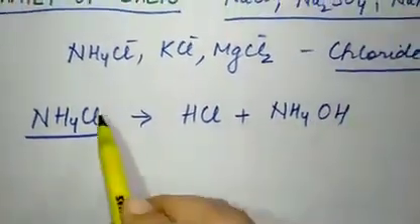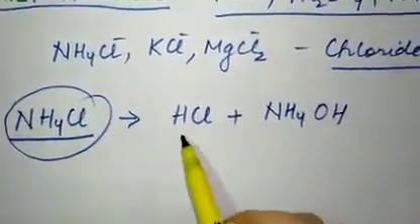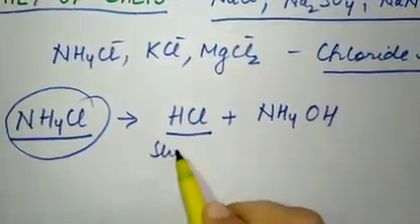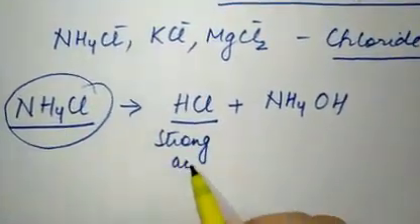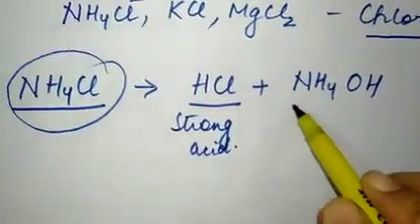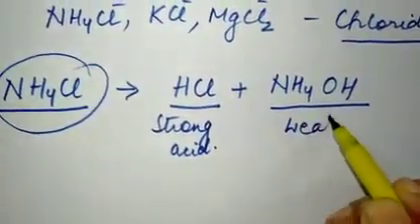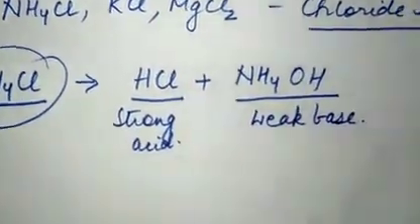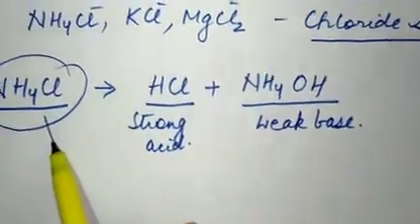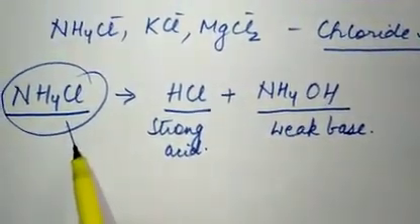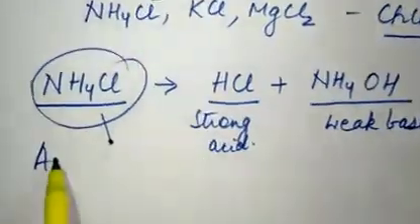Ammonium chloride is a salt, and HCl is a strong acid. We've already studied about it. So this is a strong acid, and ammonium hydroxide is a weak base. So this resultant salt, ammonium chloride, is known as acidic salt.